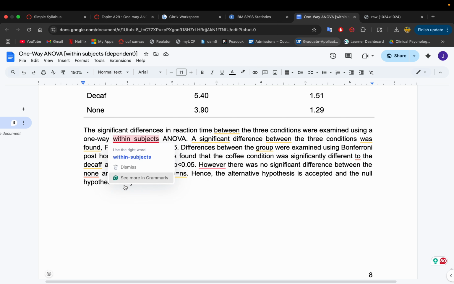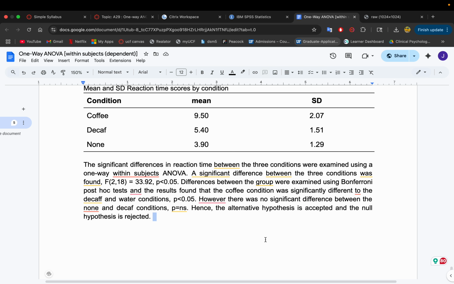That's just saying our degrees of freedom, then our F value, and then our significance. Differences between the groups were examined using Bonferroni post hoc tests, and the results found that the coffee condition was significantly different to the decaf and water conditions, p is less than 0.05. However, there was no significant difference between the none and decaf conditions, p equals not significant. Hence, the alternate hypothesis is accepted and the null hypothesis is rejected.